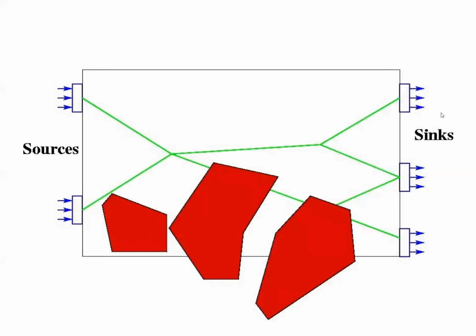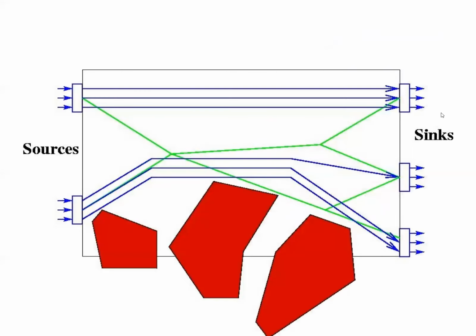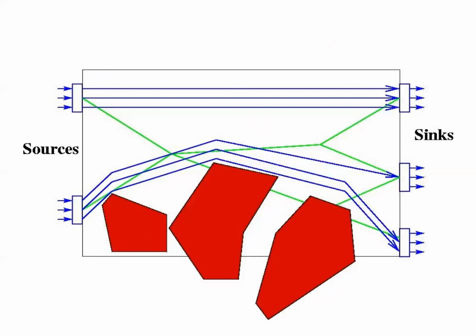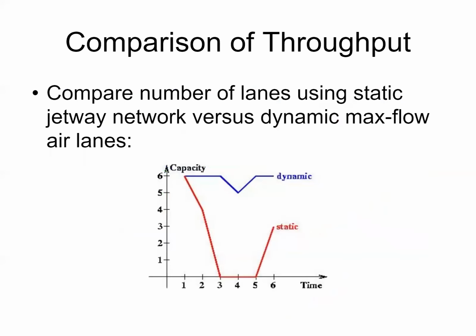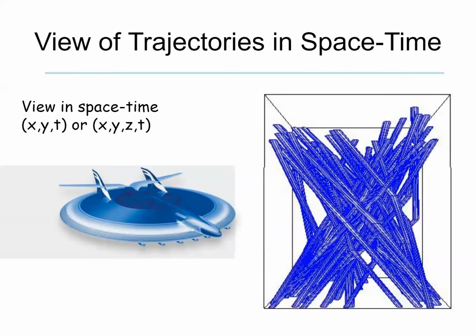Here is an example of weather systems going through, and what you may want to do is morph your air lanes so that they go around the obstacles in different ways. And if you change your air lanes, then the capacity for the dynamic air lanes may be larger than the capacity for the static air lanes.